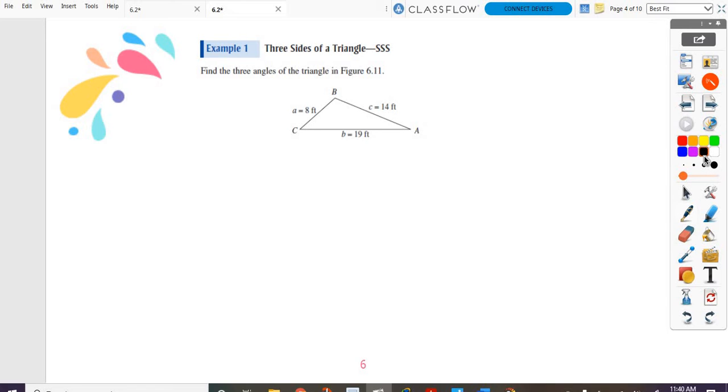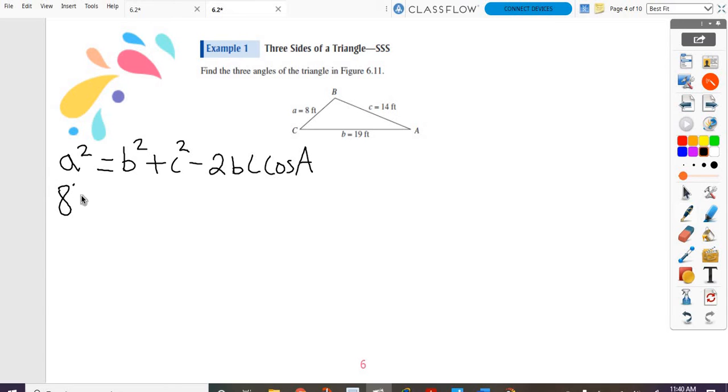So what are we going to have to use instead? Law of cosines. It doesn't really matter which side we start with. I usually just start with a because it's the first one, but they're all going to work very similarly. Our law of cosines states that a squared equals b squared plus c squared minus 2bc times the cosine of big A. Then I'm just going to plug in the information they give us.